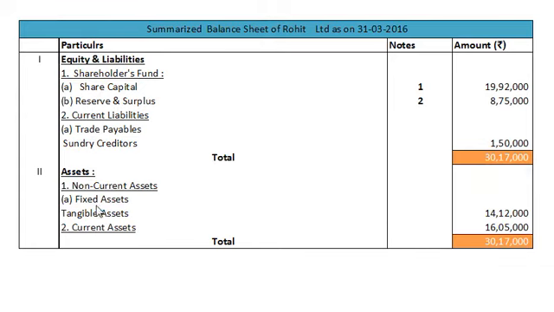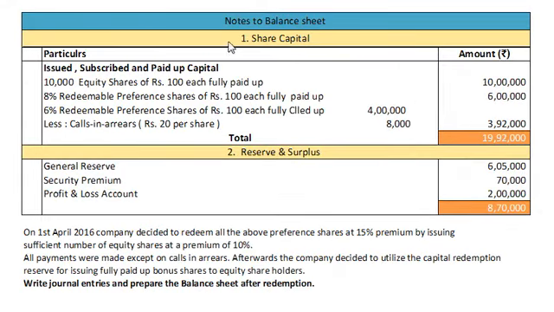On the asset side we have non-current assets, fixed assets, tangible assets 14,12,000, and current assets 16,05,000, and the total on the asset side is 30,17,000. Here are the notes to the balance sheet.